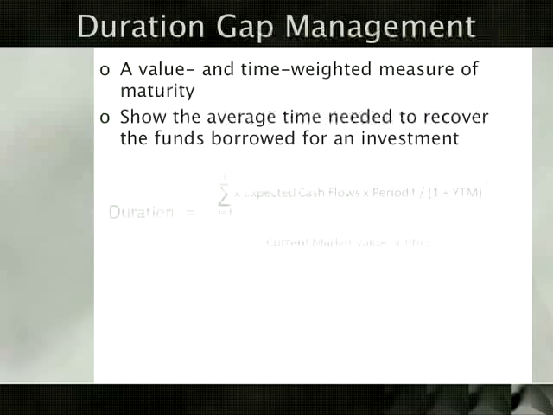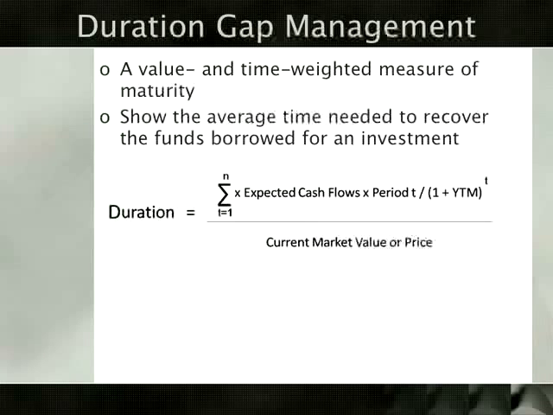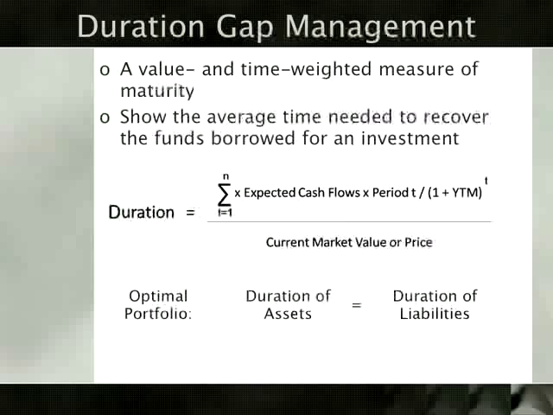This is the formula used to compute the duration of an asset or a liability. The numerator is the expected cash flow of a given time period, while the denominator is the current value of the assets or liabilities. Usually, banks calculate the duration of their assets and liabilities and try to make them equal to be insulated from interest rate risks.